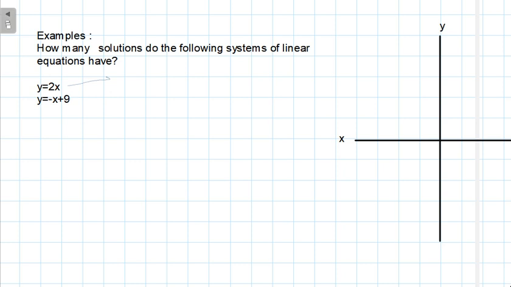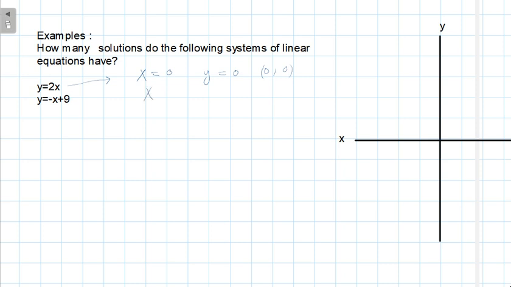Let's take a look here. The first equation is y equals 2x. If x equals 0, then for sure y equals 0, so I have the first point 0, 0, the origin.